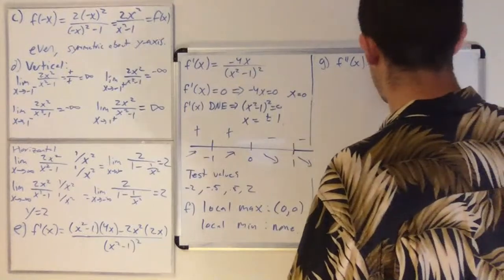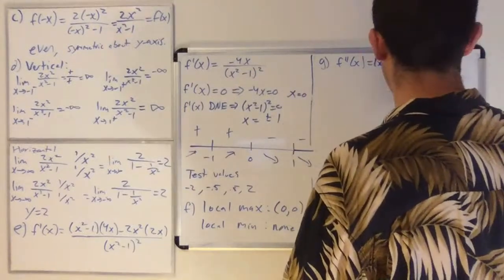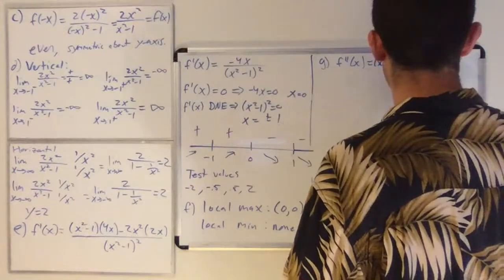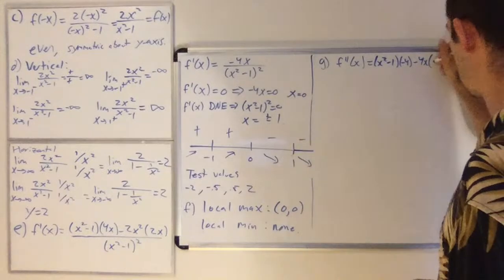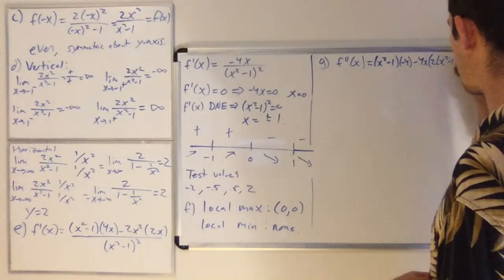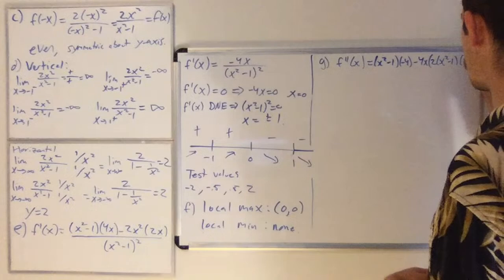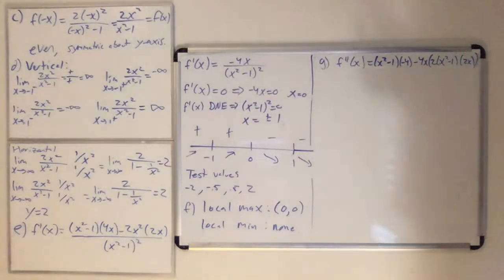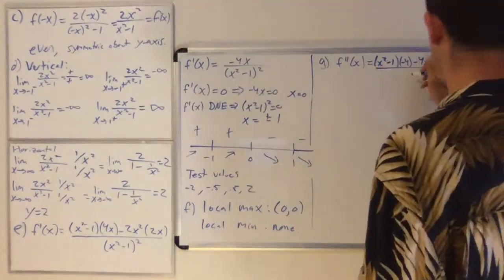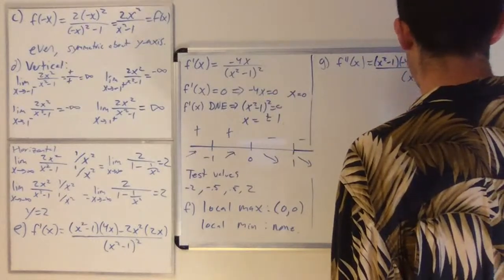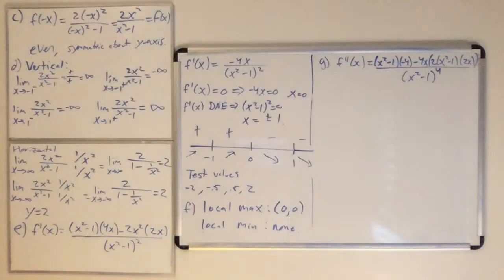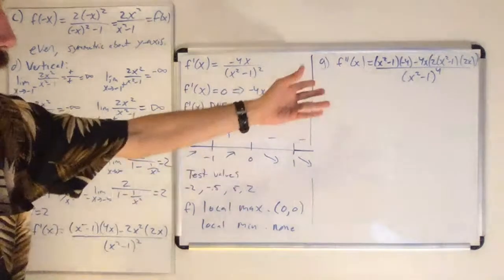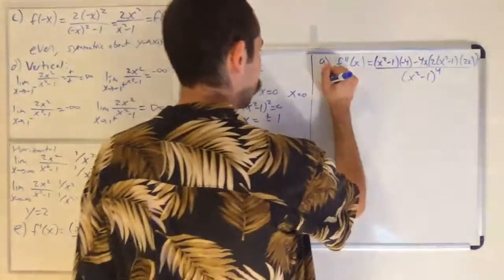So bottom times the derivative of the top minus the top times the derivative of the bottom, which is 2 times x squared minus 1 times the derivative of the inside, all over x squared minus 1 squared squared. Okay, and so I'm going to just tell you what this simplifies to, but you should try this on your own.